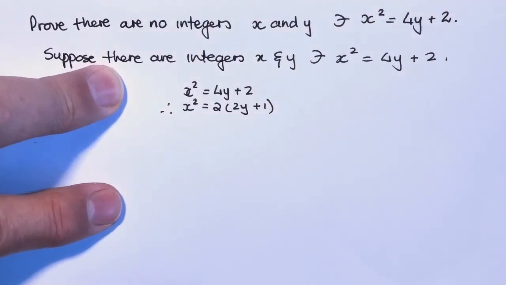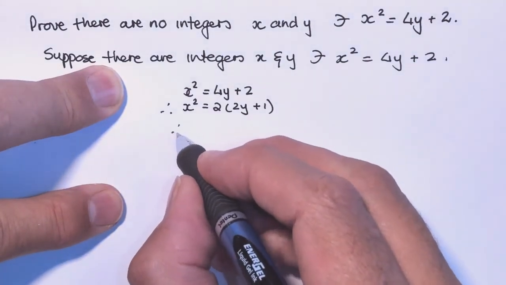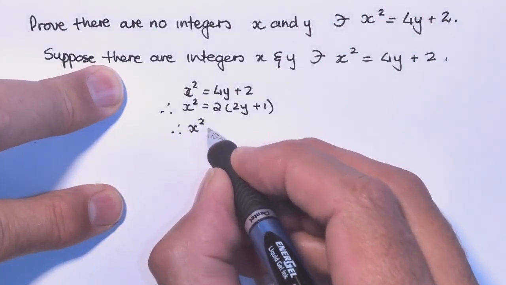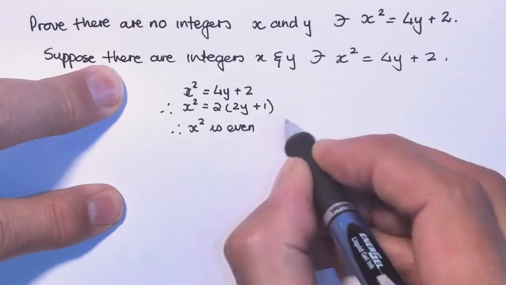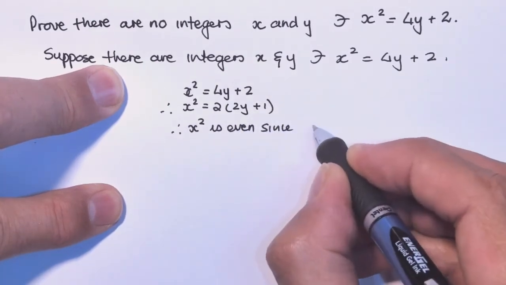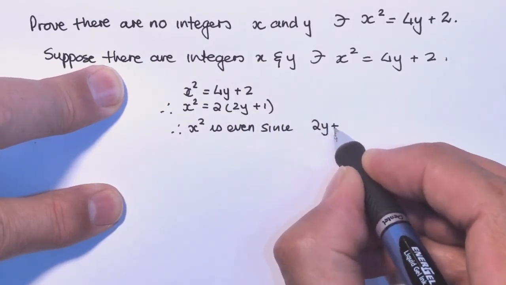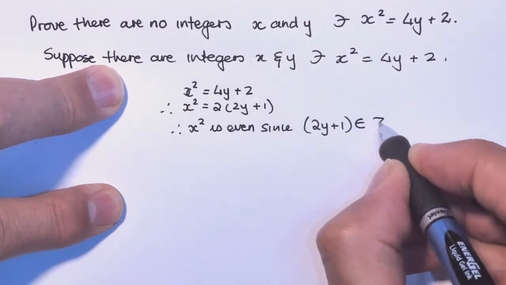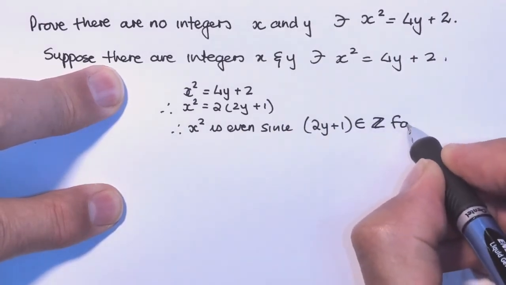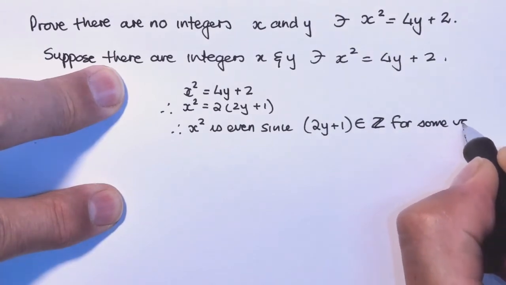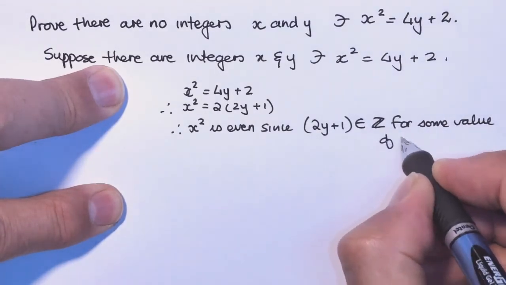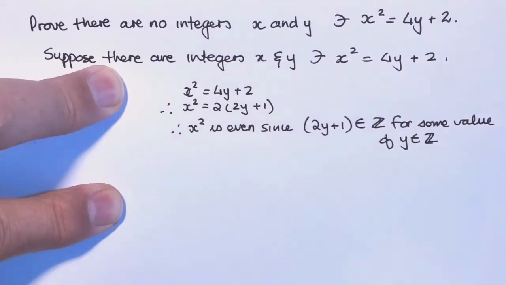Again, we have seen this before. Therefore, x squared is even, since 2y plus 1 is an integer for some integer value of y.